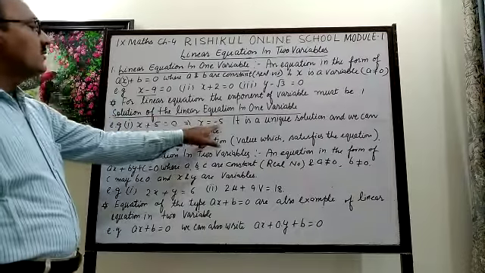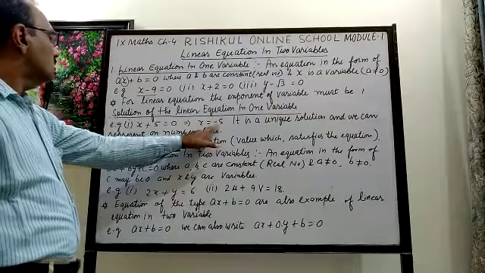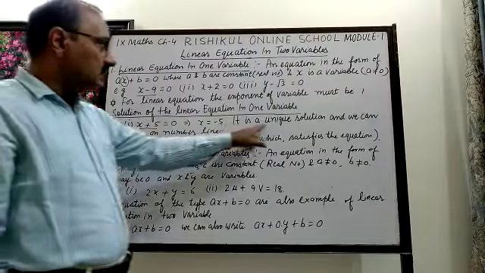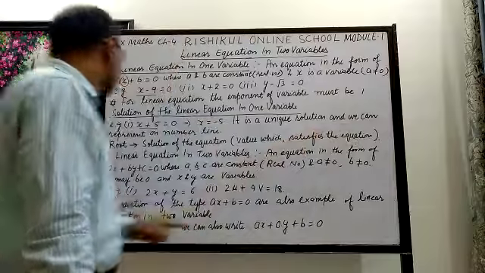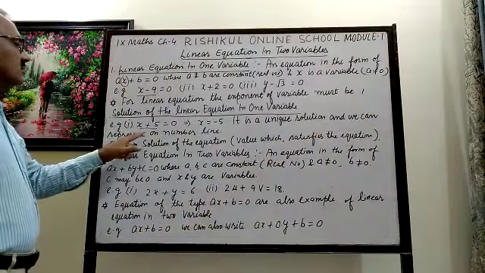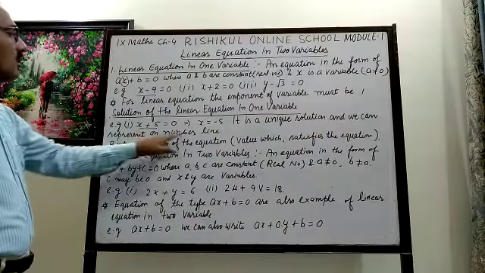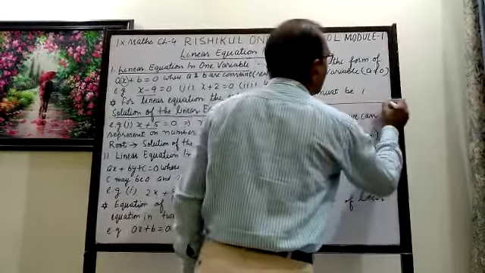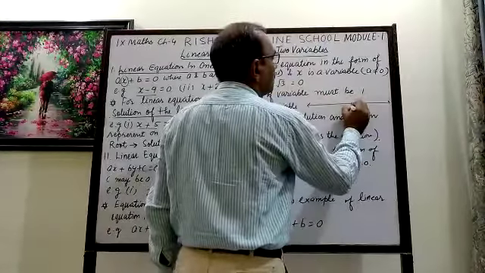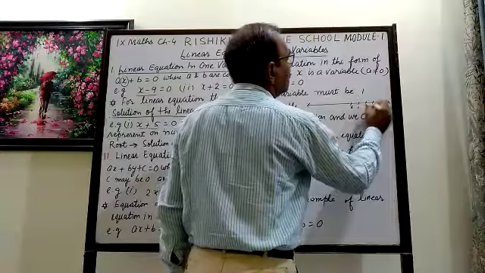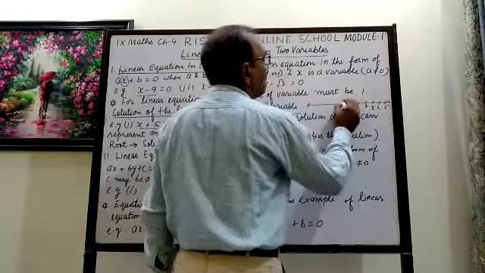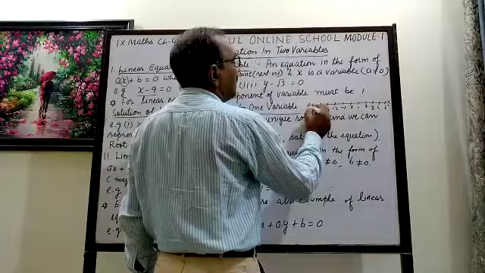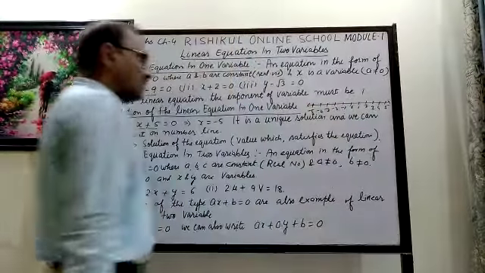So minus 5 is the solution of this equation, or you can say it is the unique solution, and we can represent it on the number line like this: 0, 1, 2, 3, 4, 5, minus 1, minus 2, minus 3, minus 4, minus 5. It is this one. Clear?